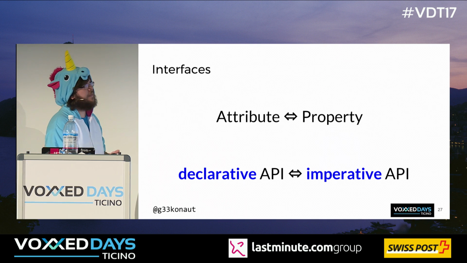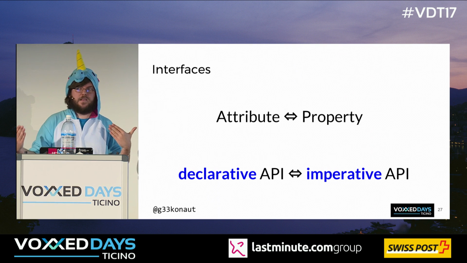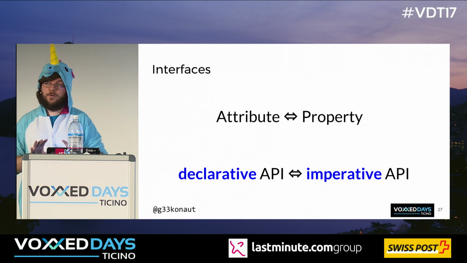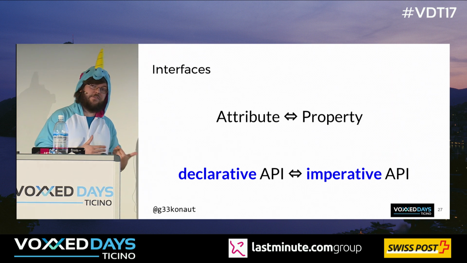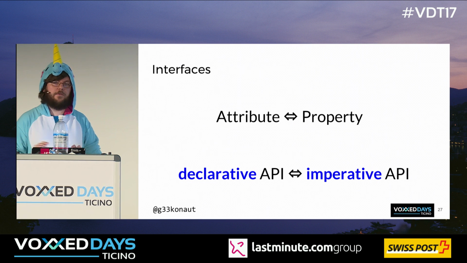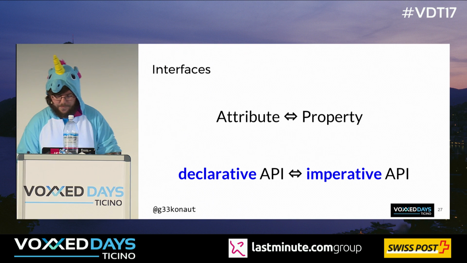So the reason why that exists is that properties are an imperative API. I can use them in JavaScript code, but if I want to get to web authors that do not like to write code, but are fine writing markup for a website or a web application, I give them a declarative API with the attributes.